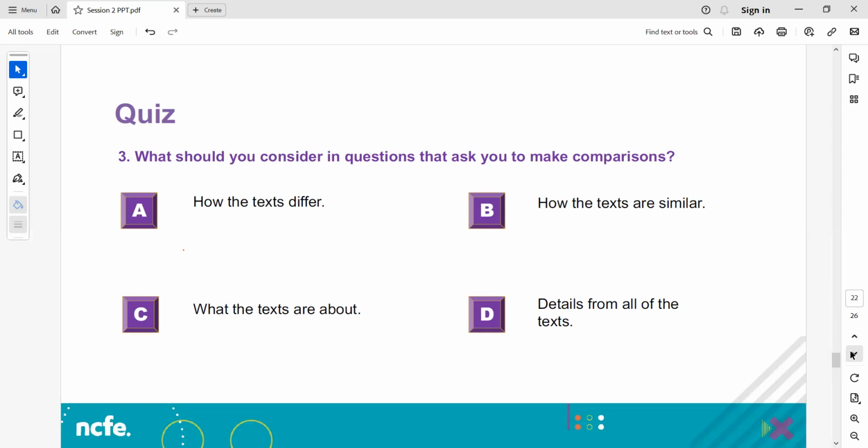So if you're comparing, what does the examiner want you to do? How they are similar. Excellent. So comparing how they are similar. Good.